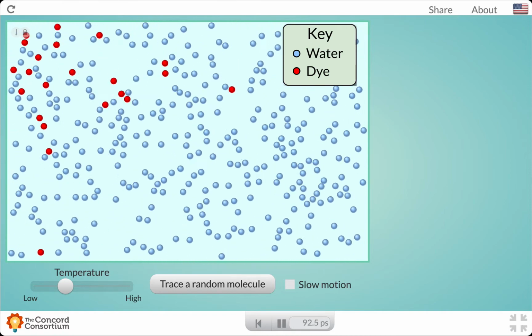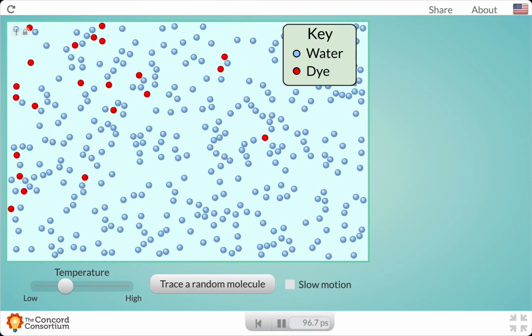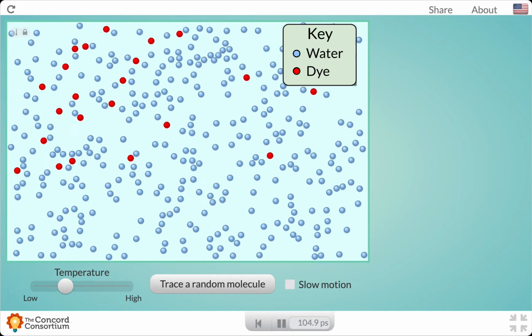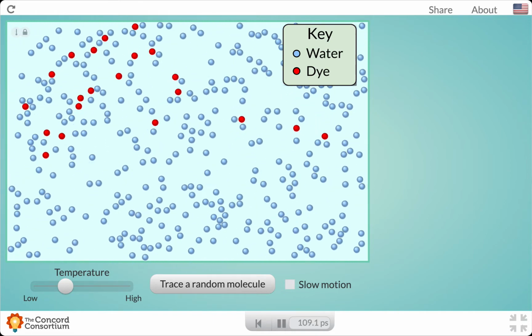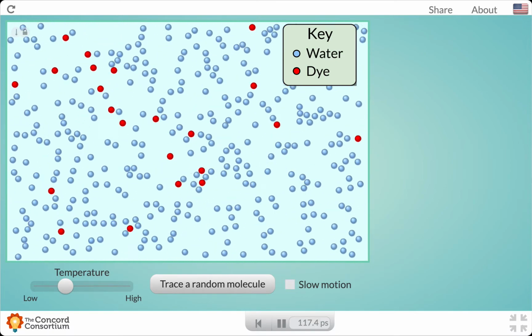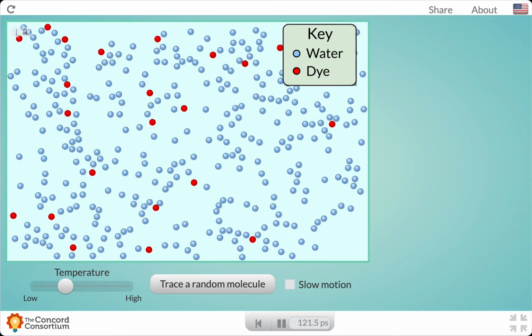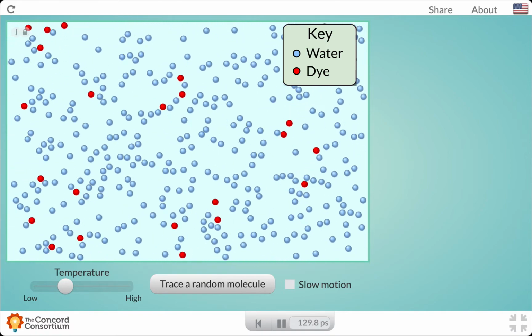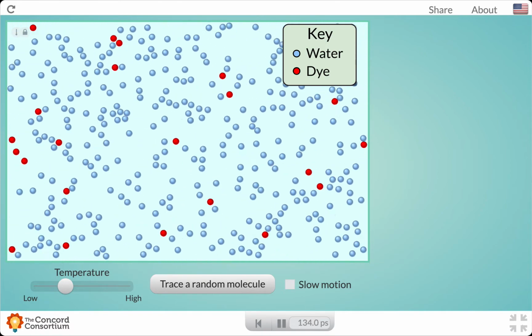As we can see, those red particles are now spreading throughout the container. They're certainly becoming less concentrated, and we can see the diffusion happening. Pretty much now, they are evenly spread out through the container.